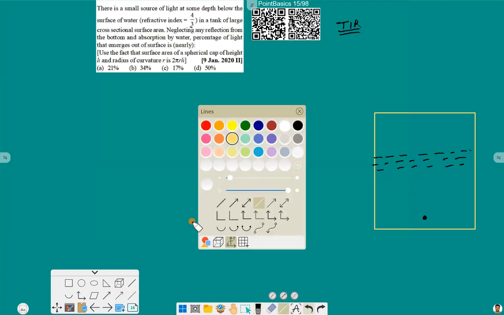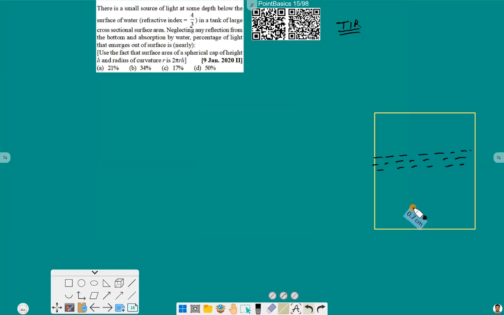So when light will travel from the source, suppose this is the light traveling from the source, at a certain angle this light will suffer total internal reflection, so it will move along the surface of the water.